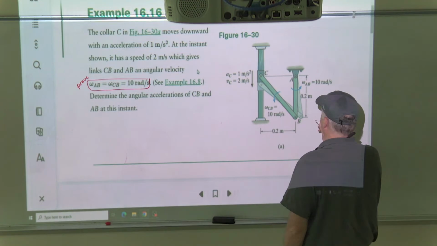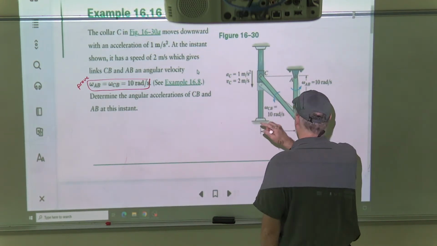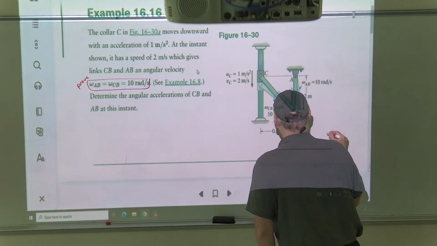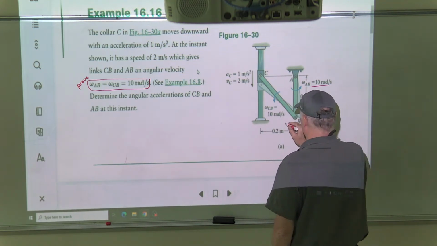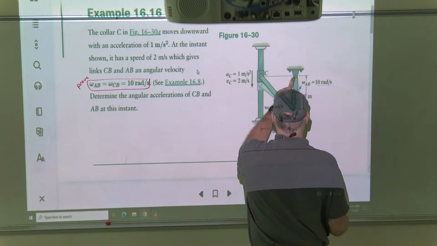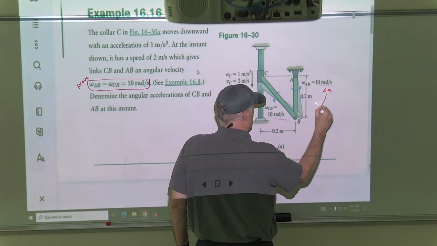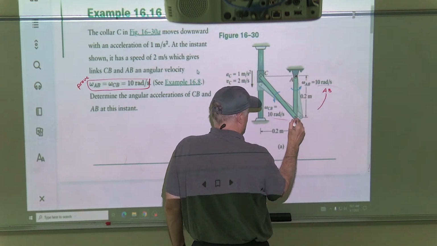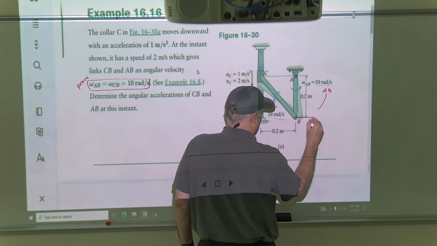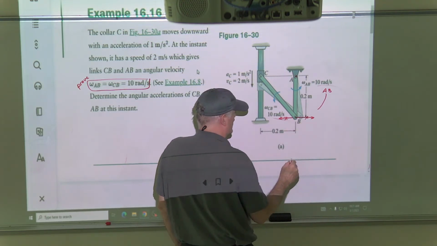We'll do it with instant center. And this is kind of weird. Okay, so he tells us this and he tells us that. But we have this and this. So let's do an instant center to see if we get this and to see if we get that. Okay, so all we do is look at each length. So I'm going to look at AB. And AB tells me A is sitting still. So if this thing is rotating, it's got to either rotate this way or this way. I don't care which one, just that I know its direction.